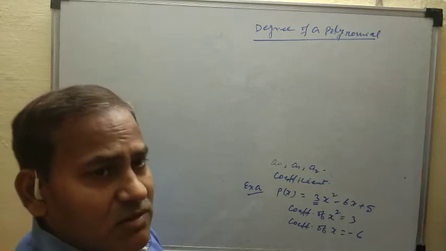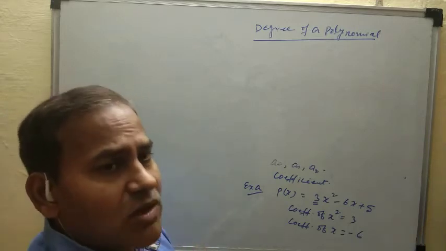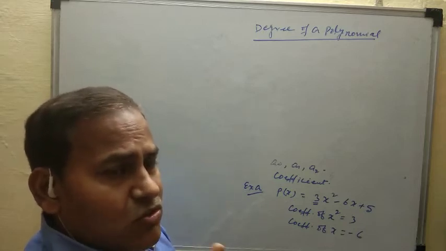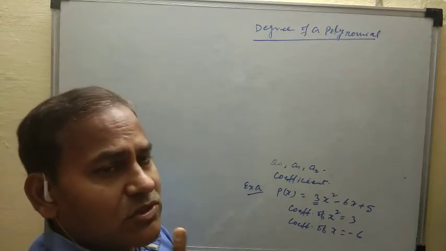Right, the definition? The power of the variable term whose coefficient is non-zero is called the degree of that polynomial.